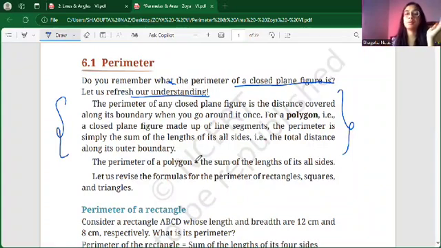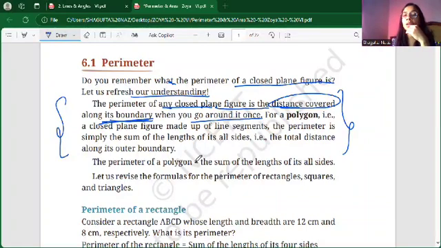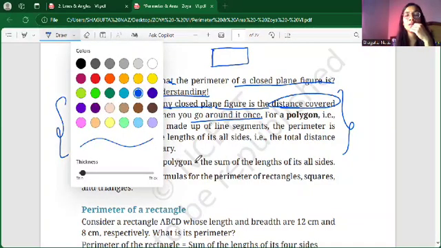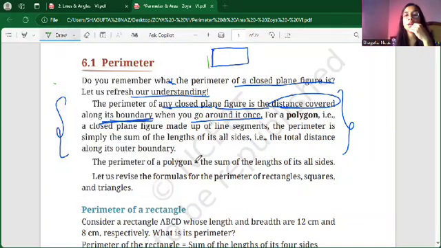The perimeter of any closed plane figure is the distance covered along its boundary when you go around it once. Wherever we have a figure and we go round that figure once, we are just covering the boundary line.